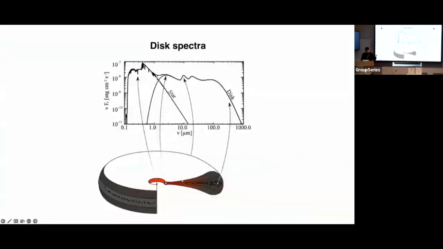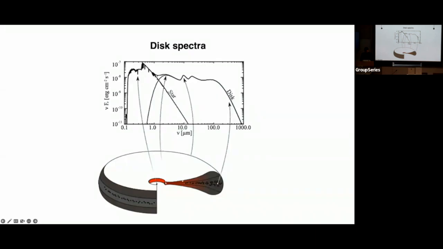So this is the spectrum that you get from a typical disk, right? You have here the black body of the star, right? And then you have here the infrared excess from the disk, right? And here then the Rayleigh-Jeans tail in millimeter and radio wavelengths.